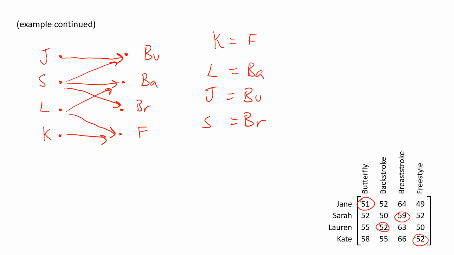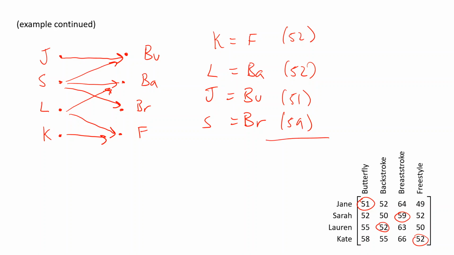So then the numbers end up being 52 for Kate, and Lauren with the backstroke is 52 as well. Then we have Jane with 51. And finally, Sarah 59.